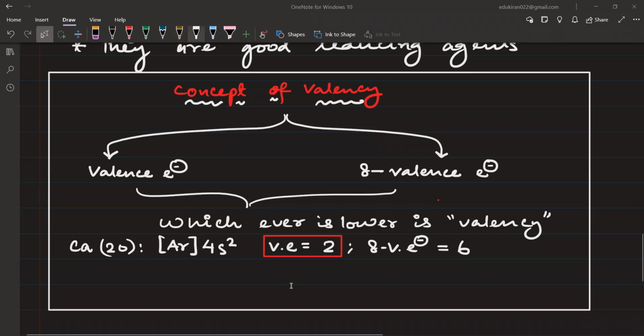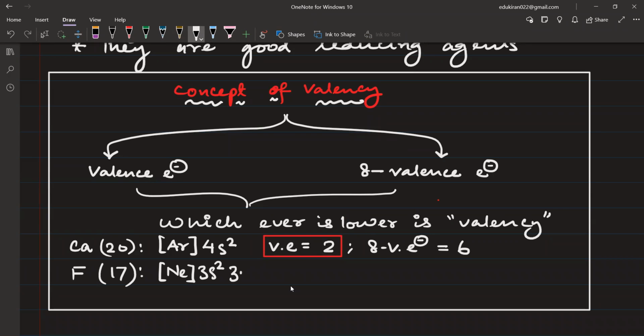Similarly, if you have fluorine, 9, then the nearest noble gas before fluorine is helium. Neon has 10 electrons and it is the second period, so it will start with 2s2 and 2p5. Now here the valence electrons are 5 plus 2, because both of them are in the same shell.